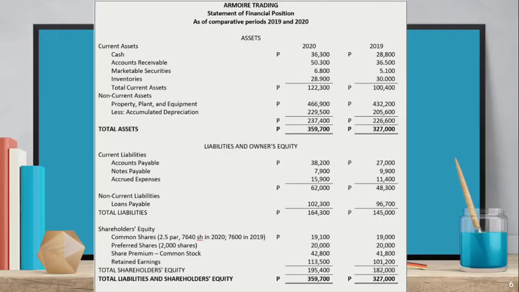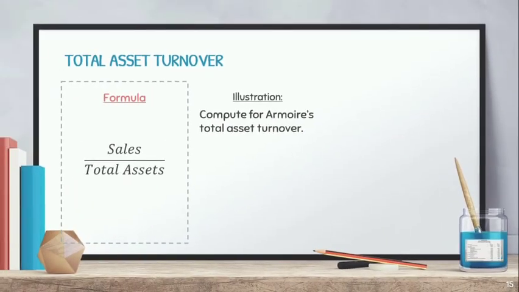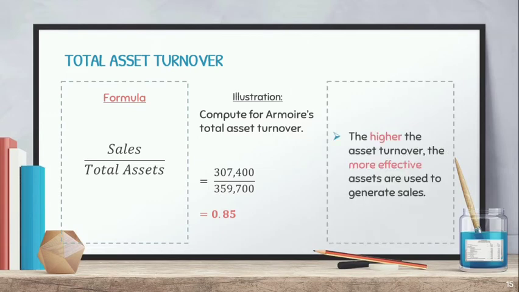So 307,400 divided by 359,700. Naa tay 0.85. Ang atong total asset turnover is 0.85.